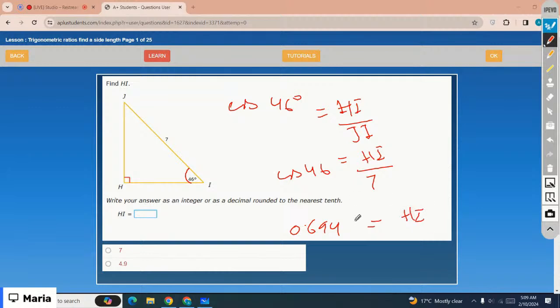We need to multiply it by the 7, right? 0.6946 times 7 is 4.86, and you can round it up to 4.9. That means HI equals 4.9. Got it? So HI equals 4.9.